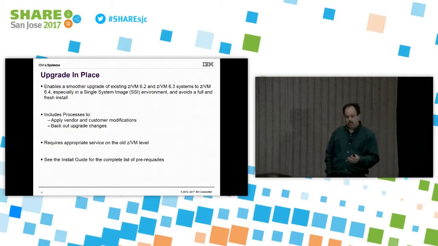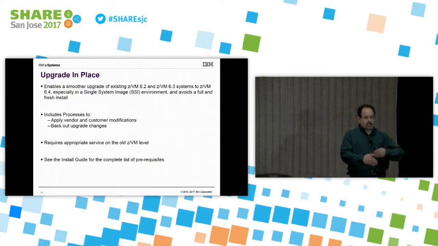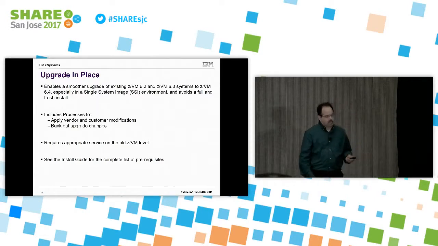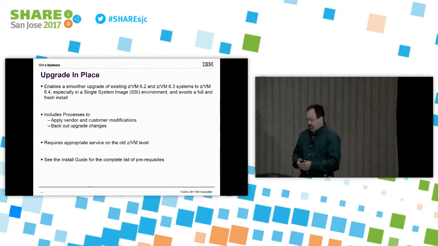There's service required on your current, prior to 6.4, release of VM in order to do the upgrade to 6.4, so you want to check out what's required there. The install guide has all the detail on the prerequisites, service required, and of course the procedures of how to go about doing upgrade in place.